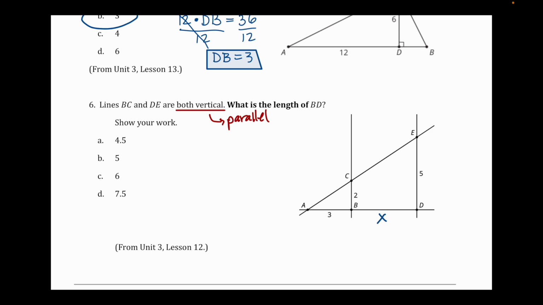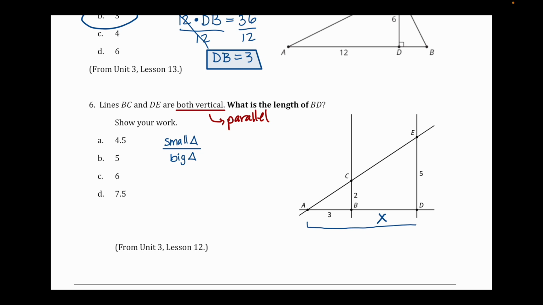So in this case, I am going to be doing small triangle over the corresponding part of the big triangle. And that is the pattern I'm going for in my proportion. It just kind of helps me to set up the small piece versus the one on the big triangle.